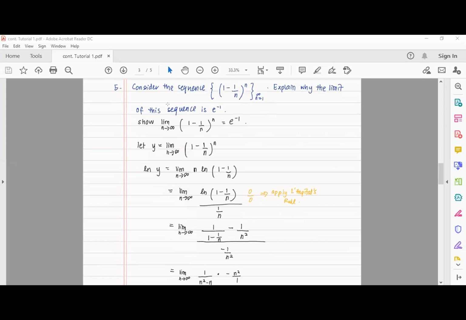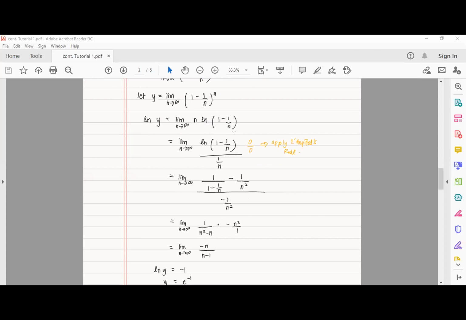First I let the left hand side be y, and then I put ln here and also here, so that we can find the limit. And then the n here I change to 1/n. From here, if we substitute infinity for n, it will give us 0/0.